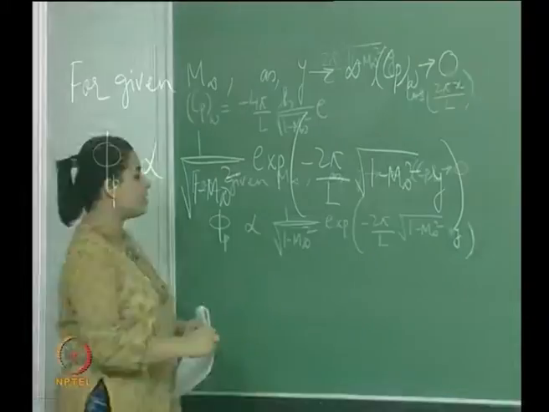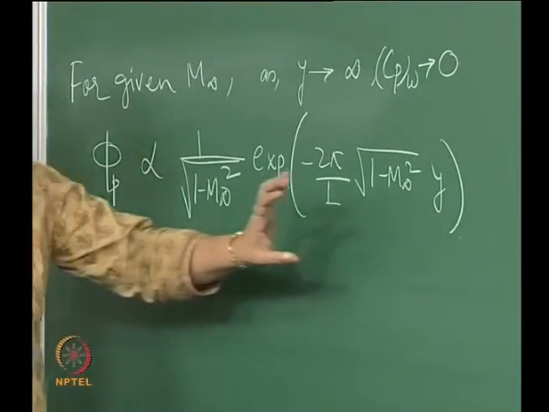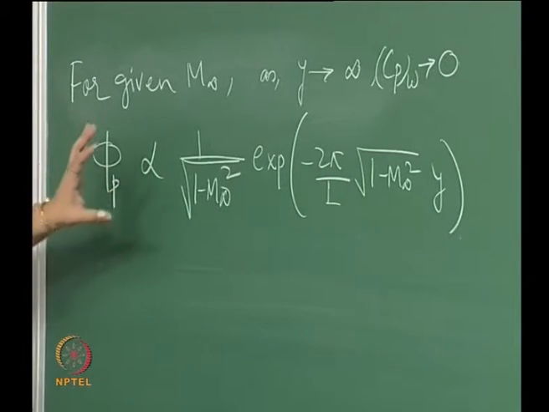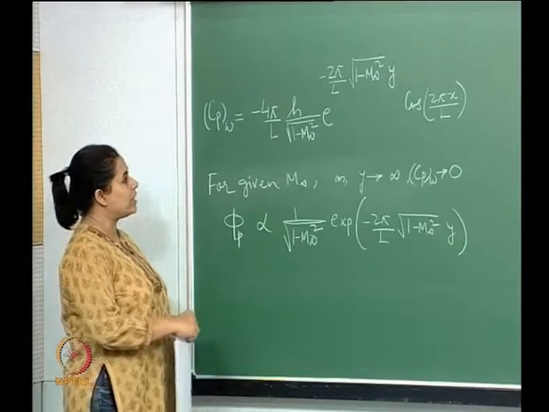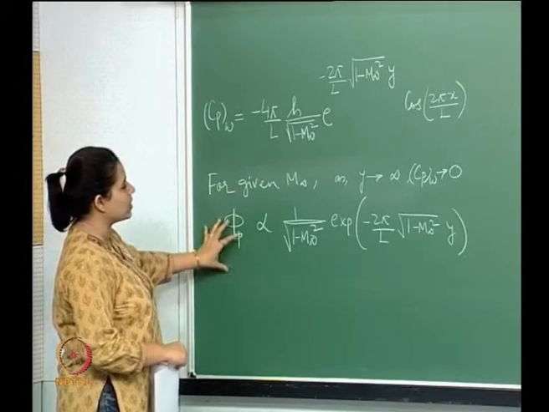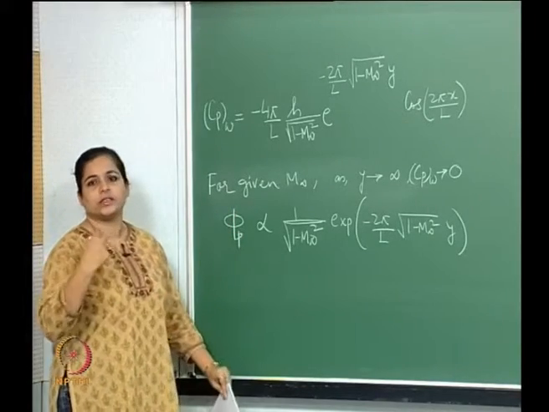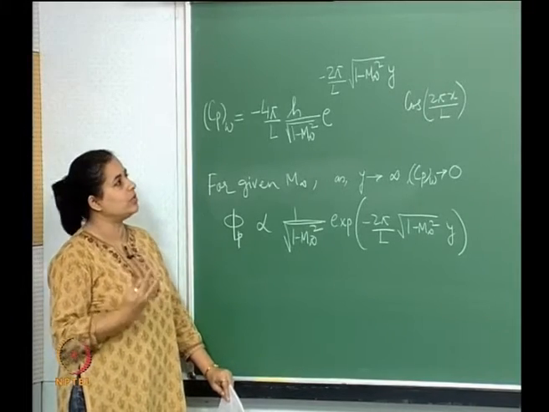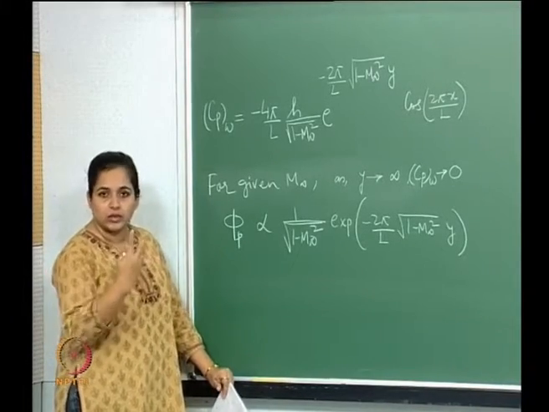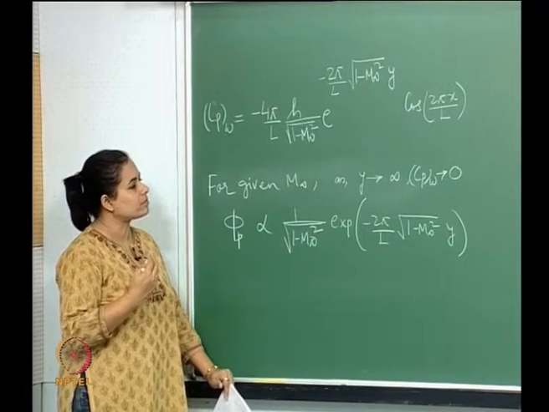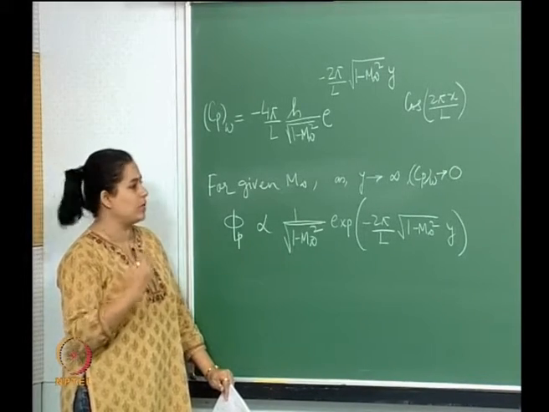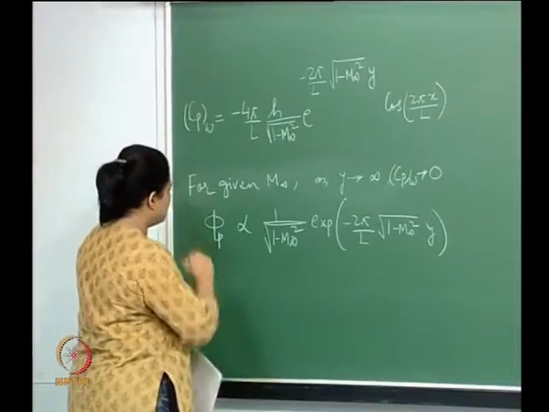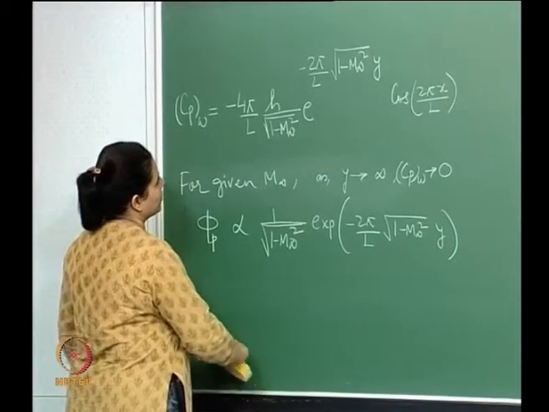So if you look at this as well, when y increases, this tends to 0, which means that the perturbation dies out, or the perturbation velocities die out, which essentially means that the disturbances die out as we move farther and farther away from the wall. Okay, that's one inference which we get from here.